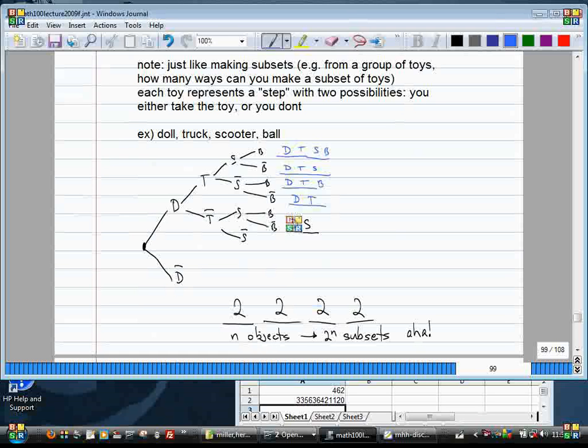Every additional object gives you a choice, an option with 2 choices, so that's why you multiply by 2. Okay. So that's just a little bit of a first day, last day tie together.